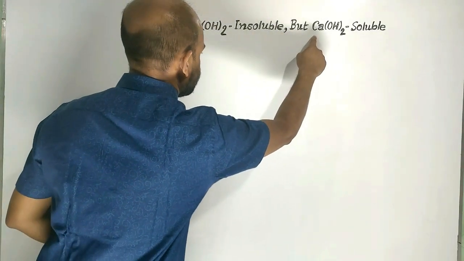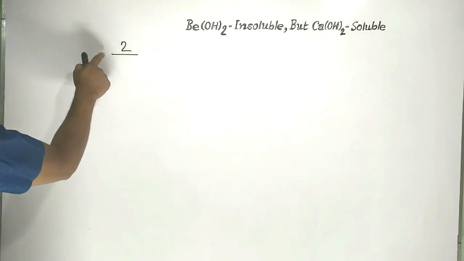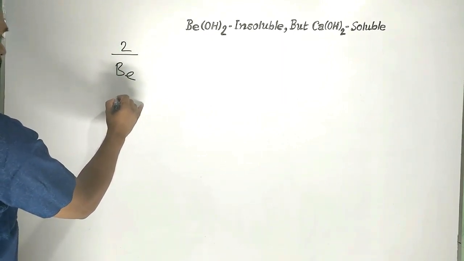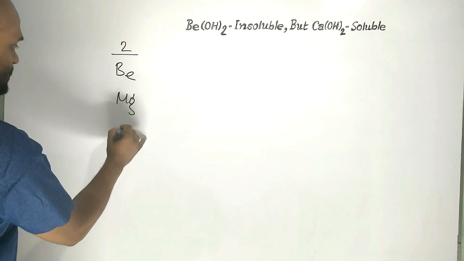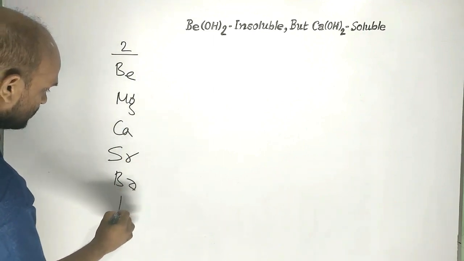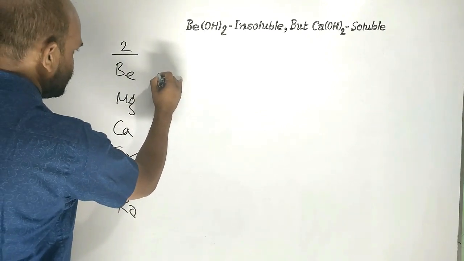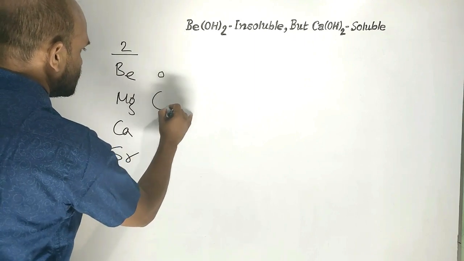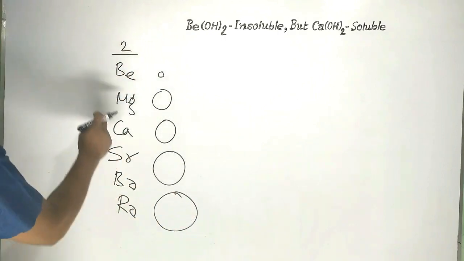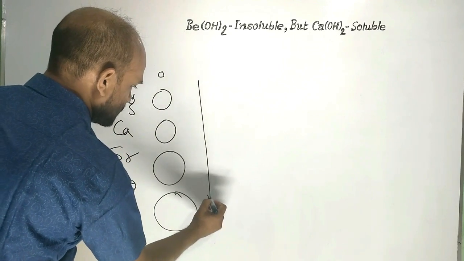Beryllium and calcium are elements of column 2 in the periodic table: beryllium, magnesium, calcium, strontium, barium, and radium. We know atomic size increases along a column down the group.